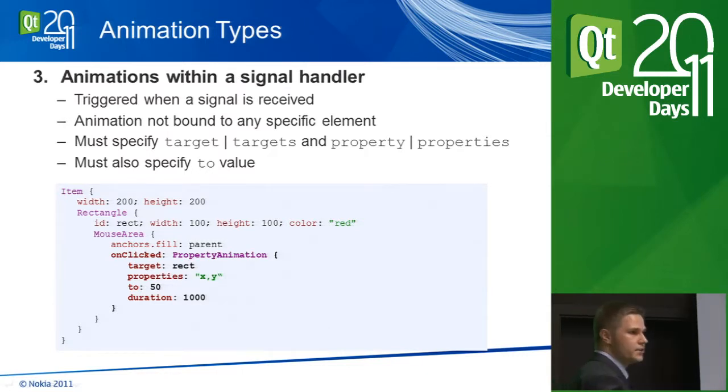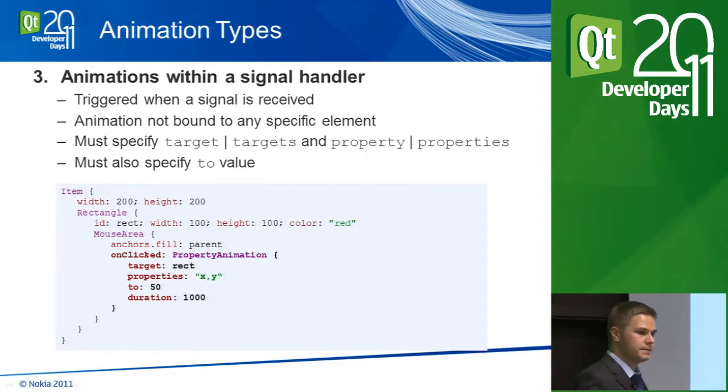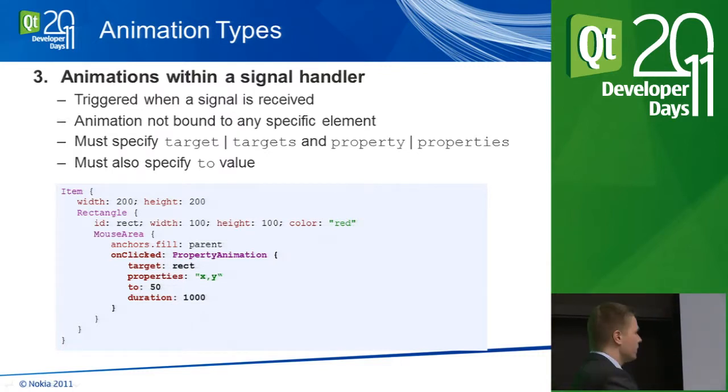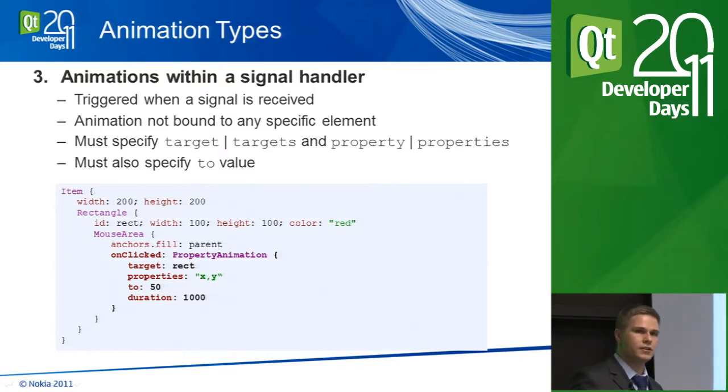Okay, then we have animations within a single handler. Just an animation, very similar to what we have seen before. This time we are specifying the target of this animation. Because our parent is the mouse area, we don't want to target that. We want to target something else, the rectangle. Then we specify which properties we want to change.